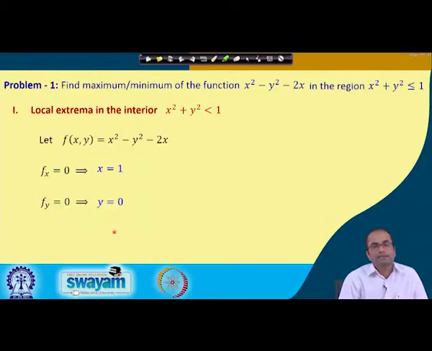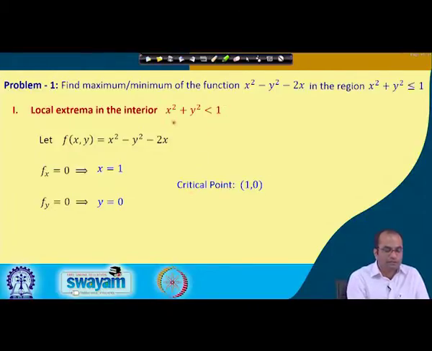So, the only critical point we find for this is 1 comma 0. But this point 1, 0 does not fall in our interior. Indeed, this is a point on the boundary, but that will be automatically taken care of when we consider the boundary in the next slide.